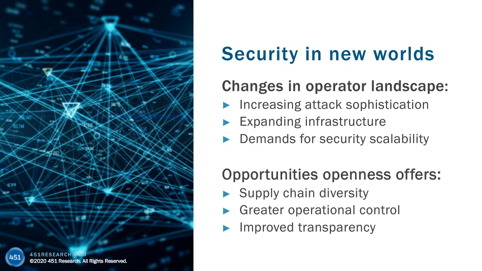It also gives operators the ability to have much greater operational control, to actually grab the reins and guide their own destiny in terms of understanding what's running on their network, what its current state is, and the transparency to understand what all these elements are, how they're functioning, and whether they're functioning in the way in which they expect, to get visibility and transparency into those environments, to increase their security standing, and to be more effective in how they manage that.